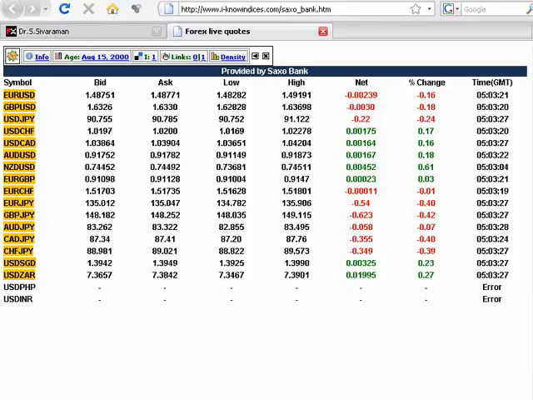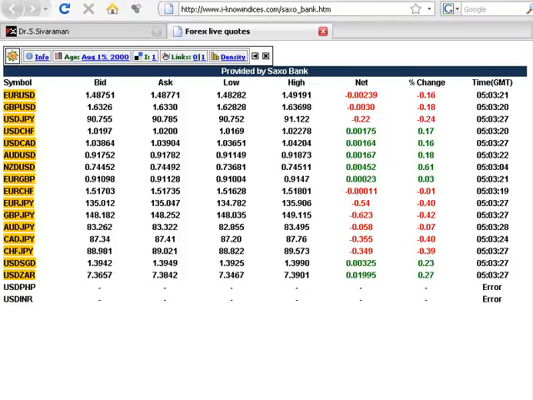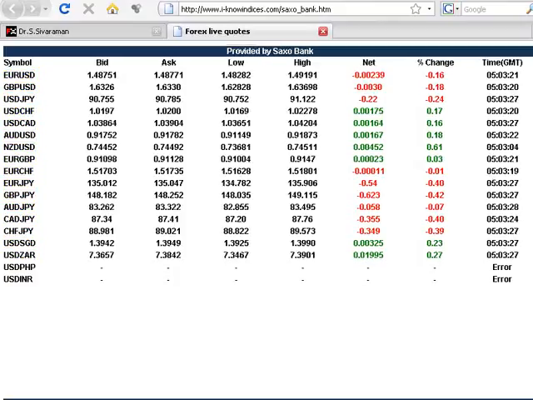As I explained during the earlier Asian session webinars, whenever you come across a negative net change, that means they have opened it, or they are currently keeping the market at a lower level than the previous day close.